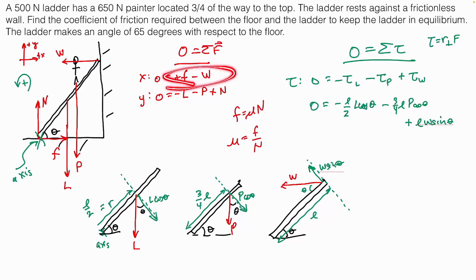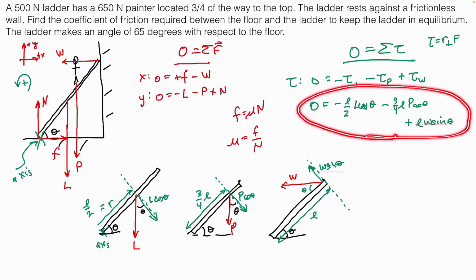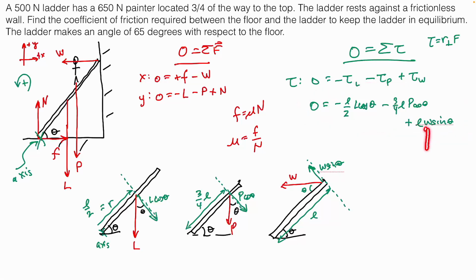The only place it shows up is right here, right? So F is equal to W. Whatever W is, how am I going to find W? It's right there, isn't it? This is a number. That's a number. W is the only thing I know. So my strategy is solve for N, solve this for F, solve this for W, put that W right in there. I'll know F, right?